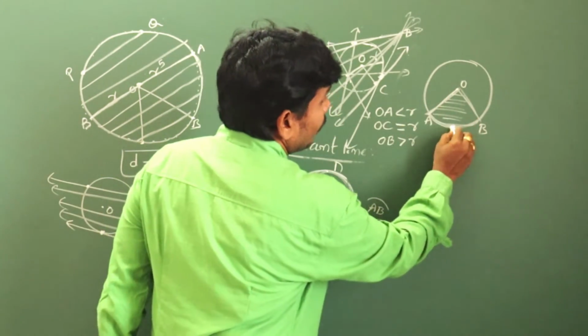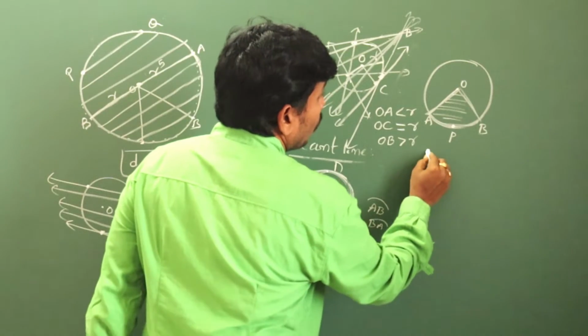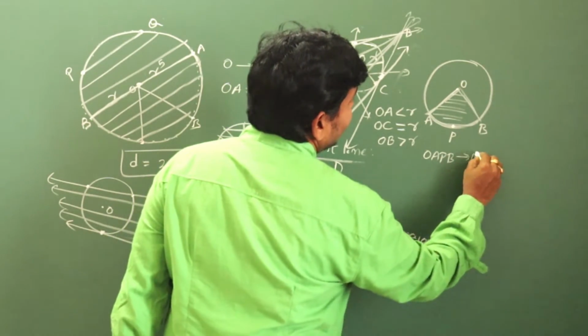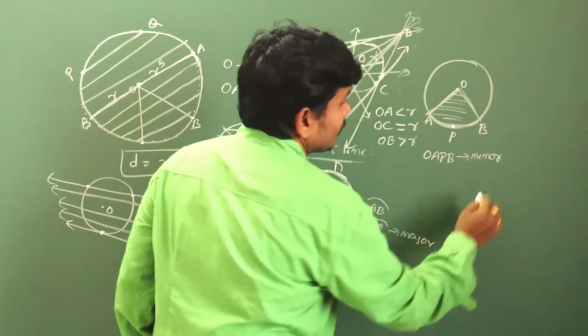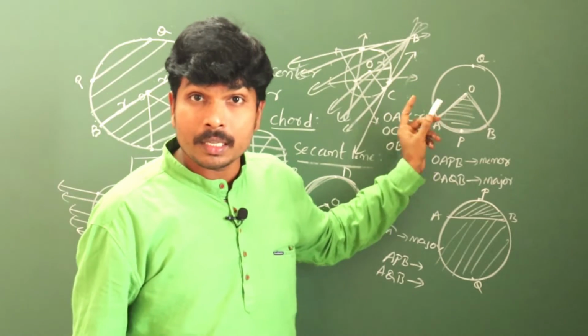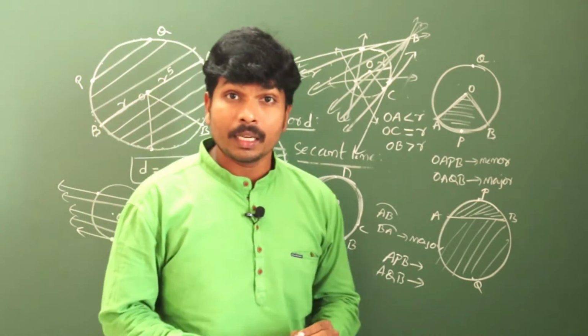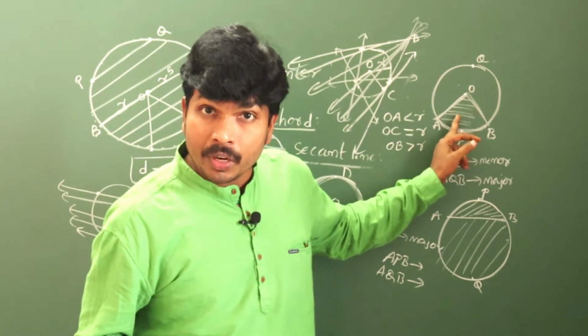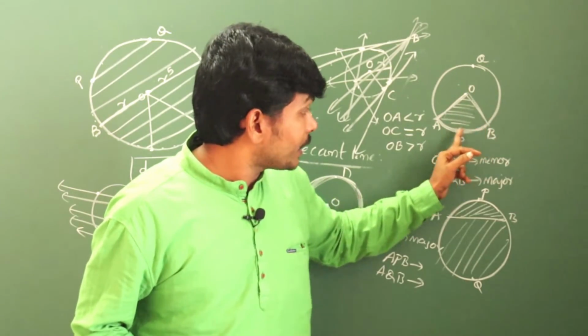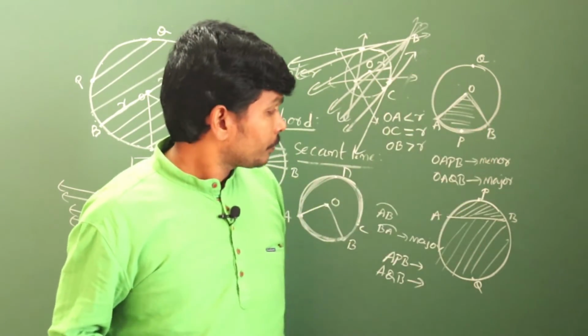Here I am taking, suppose, P. OAPB is a minor sector. OAQB is the major sector. What is meant by sector? It is the portion of circular region bounded by 2 radii and its corresponding arc.